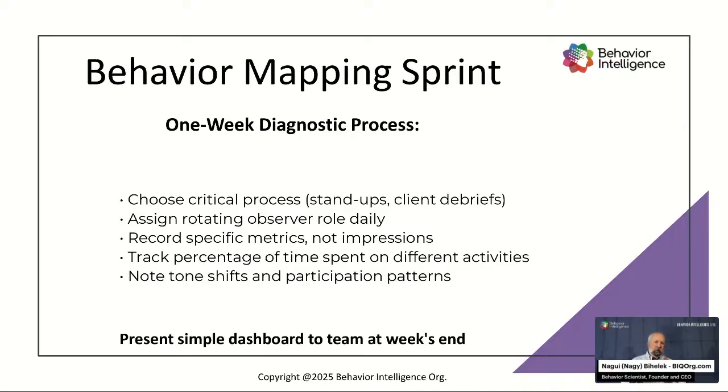When you're participating, listening, processing, your brain can't easily do observation while it's doing 100% engagement in the topic. So rotating the observer allows those people to learn how to observe.